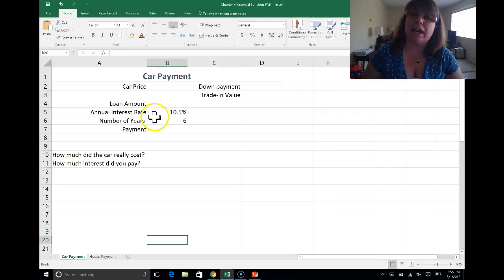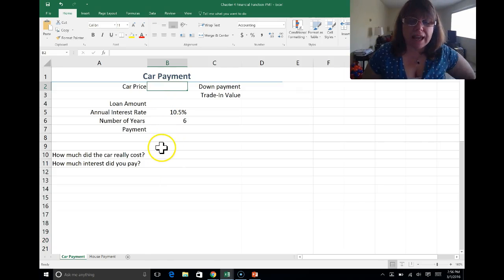And then an annual interest rate is always attached to that loan. The number of years I'll be paying on a car. And then, how much is my payment? At the end of all of this, I want to figure out how much did my car really cost? And then how much interest did I pay for the lifetime of this loan?